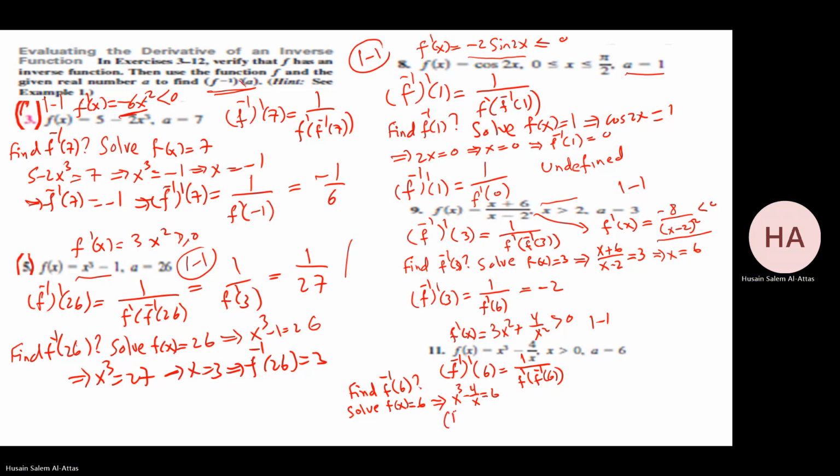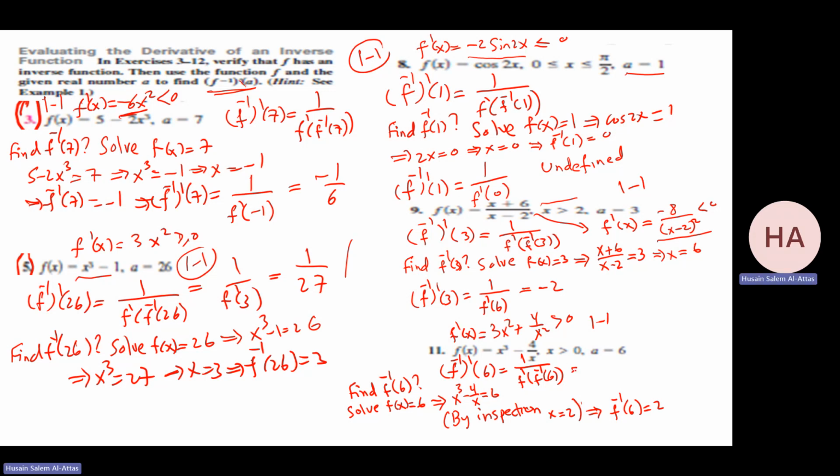However, by inspection, I'm getting x equal 2. So that means f inverse at 6 equals 2.